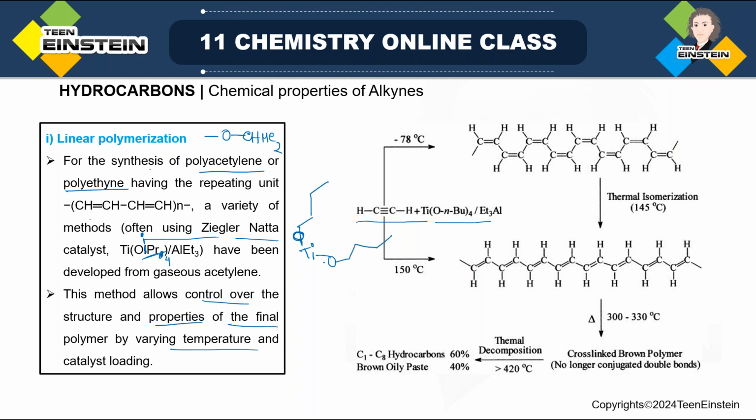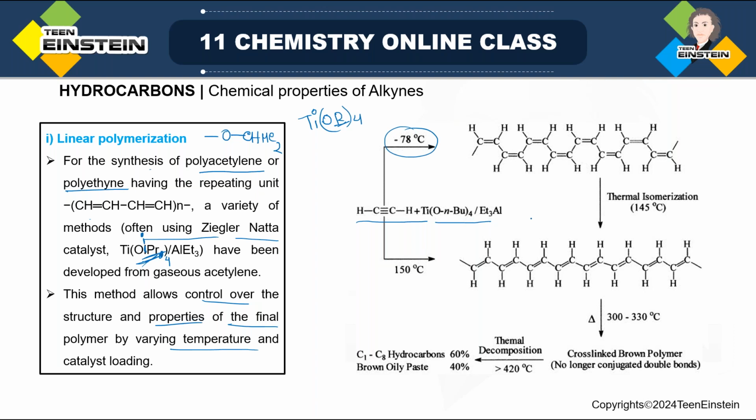With 4 such chains attached, that is Ti(O-nBu)4 with triethyl aluminium. In general, it is basically Ti(OR)4. Now this R group may be a linear chain, it may be isopropyl, but whatever it is, the catalyst nature is like that. Now look at the temperature.